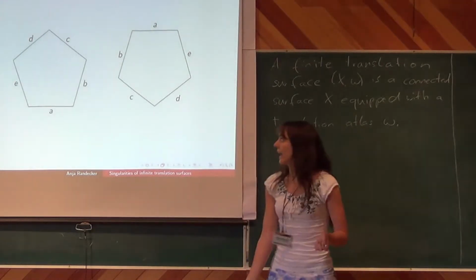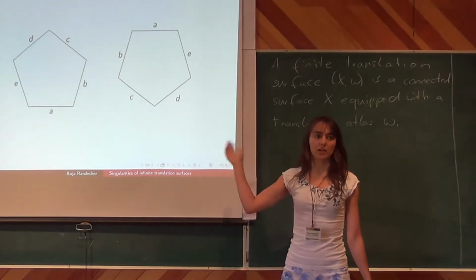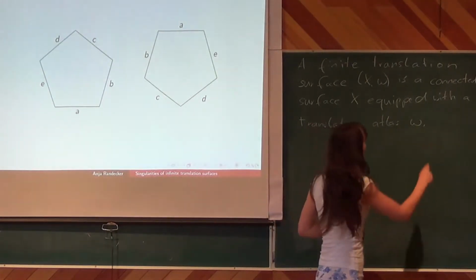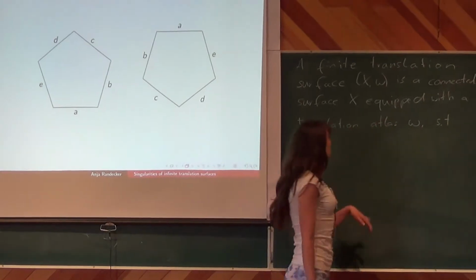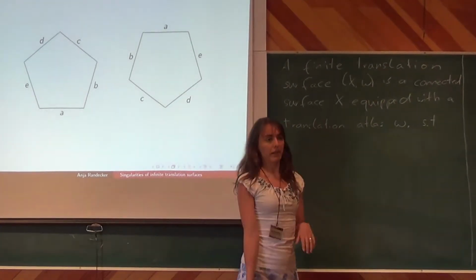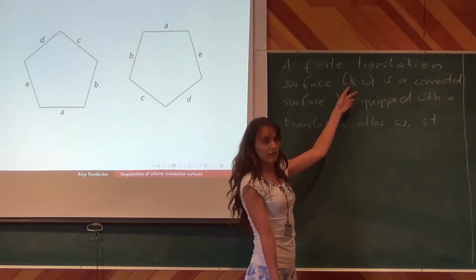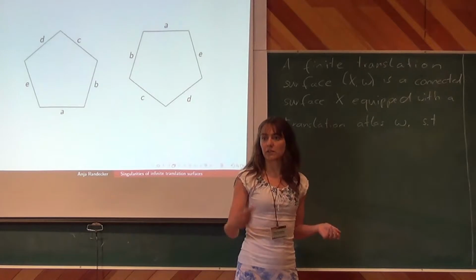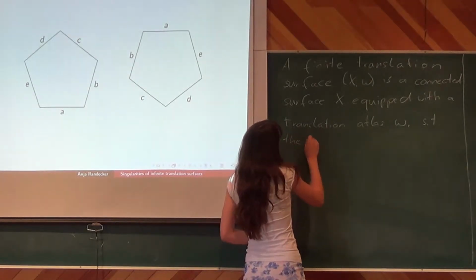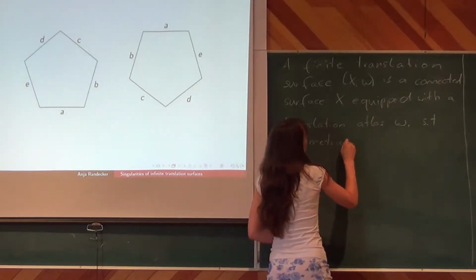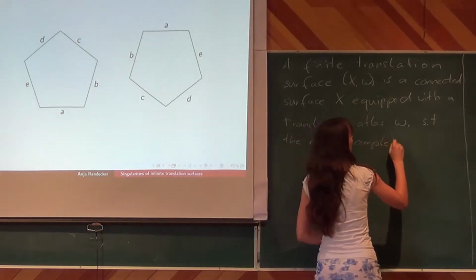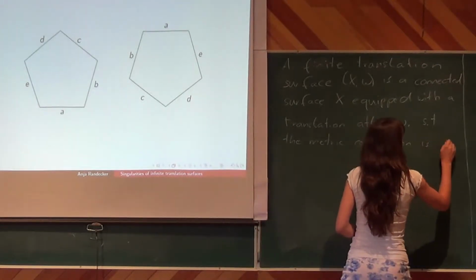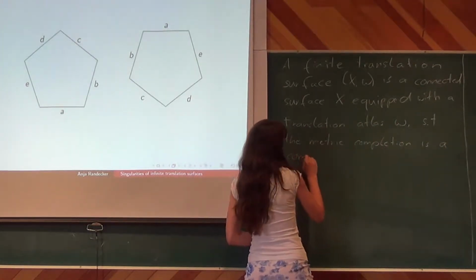We have to say something like the singularities are cone-angle singularities, or my favorite way to say this is such that when we look at this translation atlas, we get a metric. So here the singularities aren't included in this X. And when we take the metric completion, we get the singularities. And what we want is that the metric completion is compact. In fact, a compact surface.